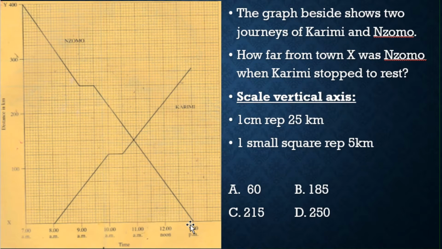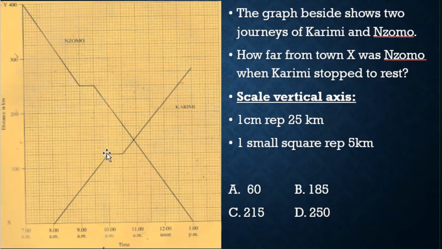The next thing is to identify what the question is asking: how far from town X was Zomo when Karimi stopped to rest? When is this time? Karimi started his journey at 8, moved at a constant speed, reached here, and then this horizontal line represents the rest, where the time is moving but the distance is not increasing.